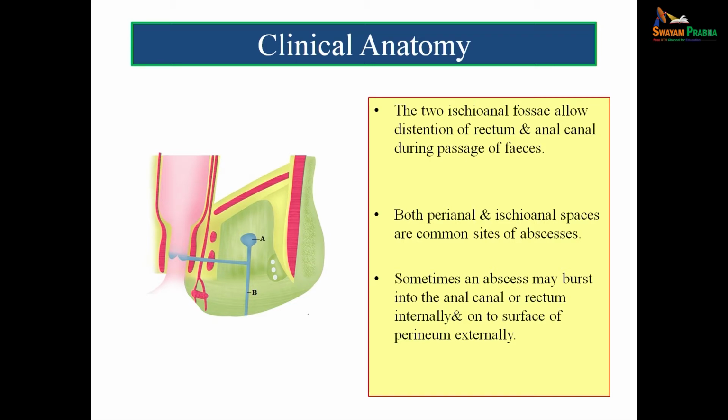In this figure, we can see an abscess in the ischioanal fossa, marked by A. B represents the fistula which is passing out into the perineum, while we also see a fistula which is entering the anal canal medially.